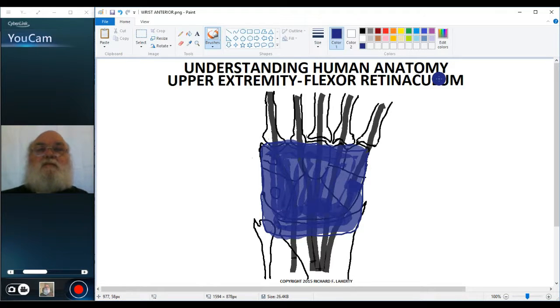And then, just to give it some definition, I'll draw some lines across it to indicate this is made up of connective tissue.